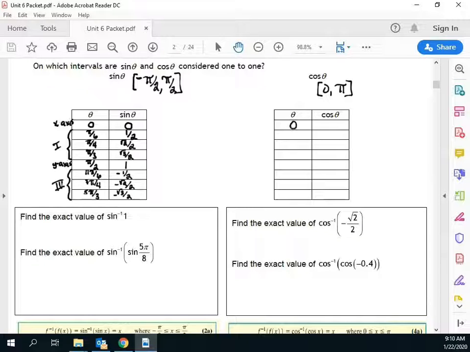Again, going through the values, 0, pi over 6, pi over 4, pi over 3, pi over 2. I go through 11 pi over 6. Whoa. 7 pi over 4, and then finally 5 pi over 3.